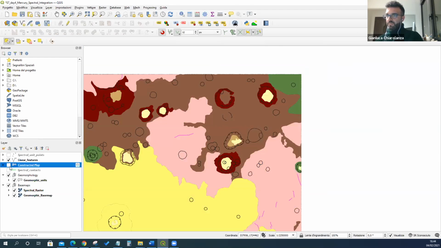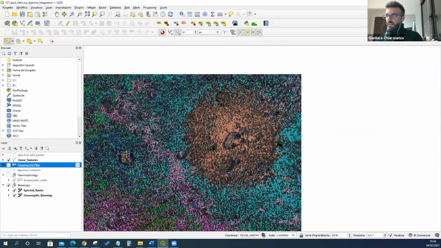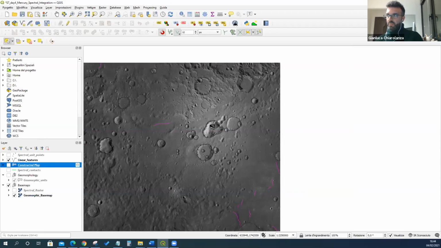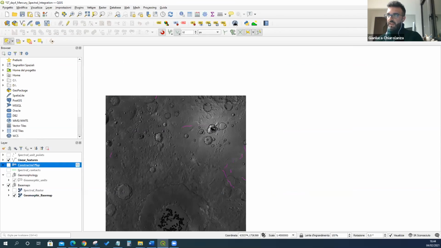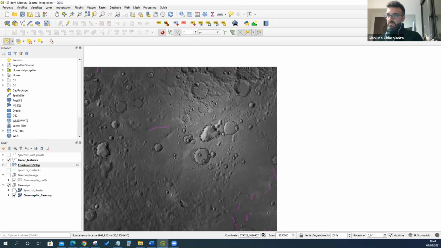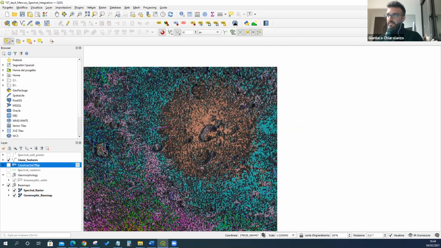If I switch off the constructed map and also the geomorphological map, it corresponds to these large pits, which we also saw in the previous lesson, that define the facula area.